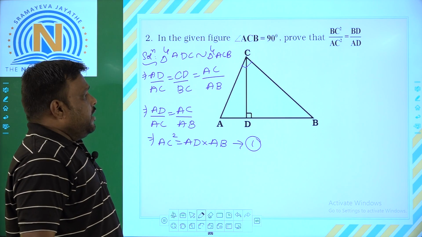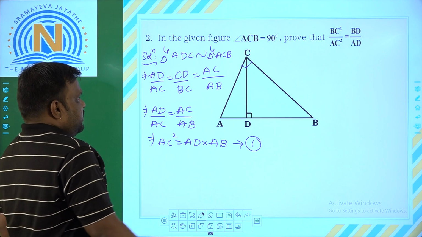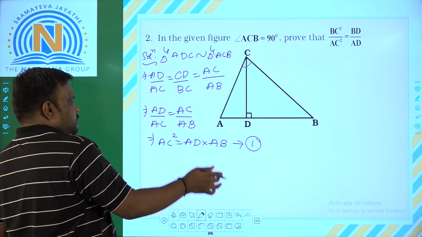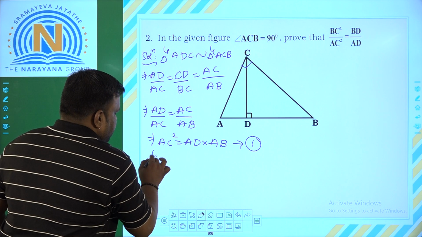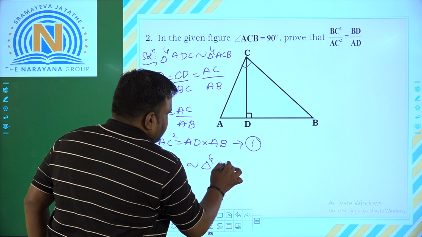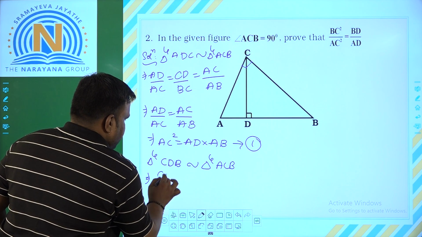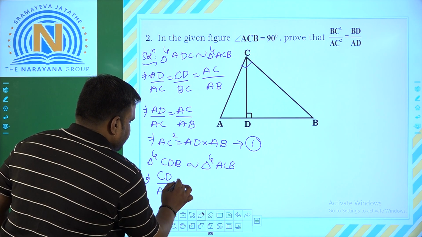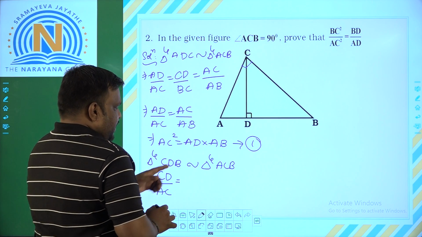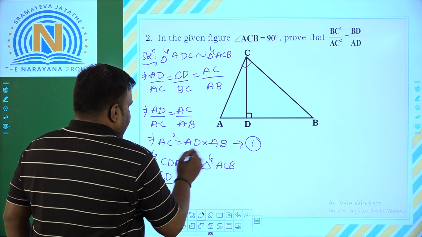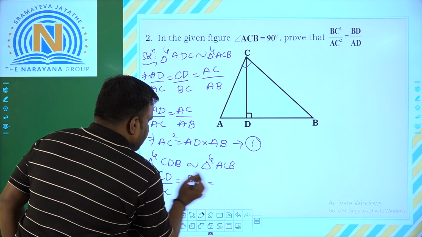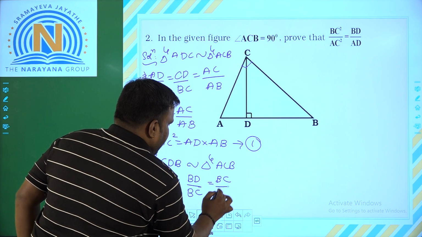Okay, now let us come to the second triangle. So in the same way, triangle CDB is similar to triangle ACB. Again the same concept, CD by AC is equal to DB by BC, or you can write it as BD by BC is equal to BC by BA.